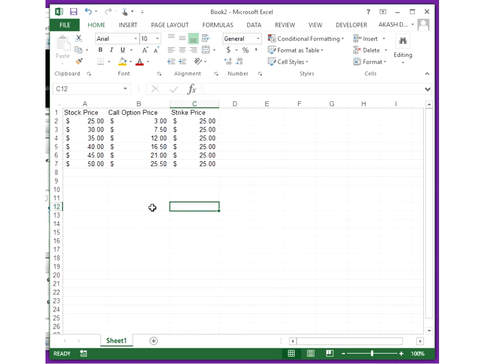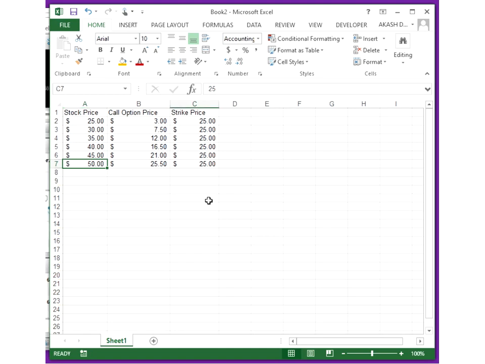So, and it's intuitive. Look at, for example, when the stock price is 25 and the strike price is 25, you really don't have too much room to make money. So your call option price is $3. That's the transaction cost.